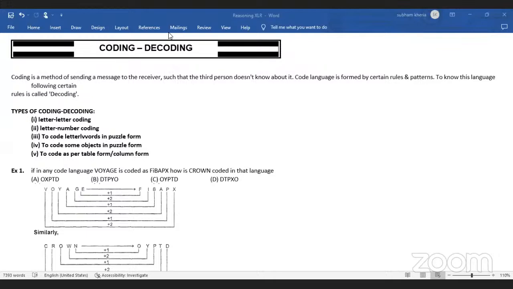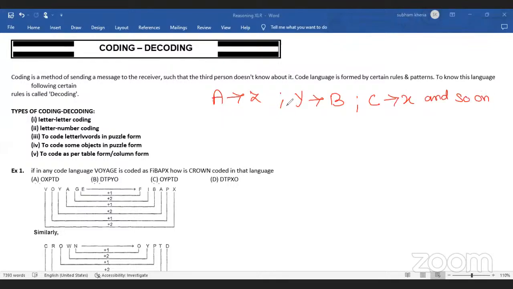let's say I'm writing here: A is written as Z, Y is written as B, C is written as X, and so on.